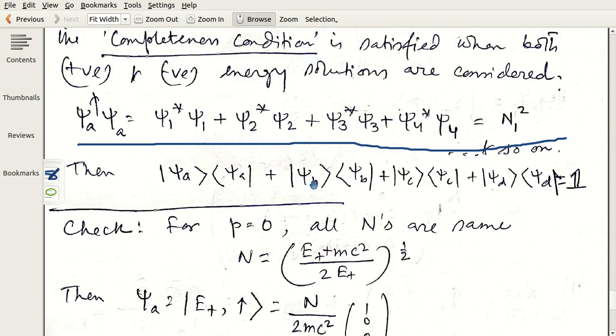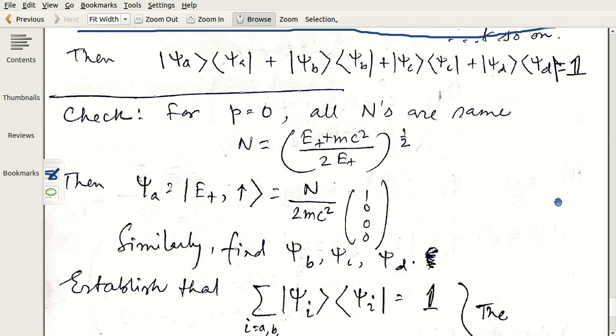That means psi a, psi b, psi c, psi d, you do the outer product, and all of them will be 4 by 4 matrices. When you do the inner product, you obtain a number, a 1 by 1 matrix, and this outer product will give you a 4 by 4 matrix. You add 4 separate matrices, each of 4 by 4 order, and you obtain a 4 by 4 unit matrix.